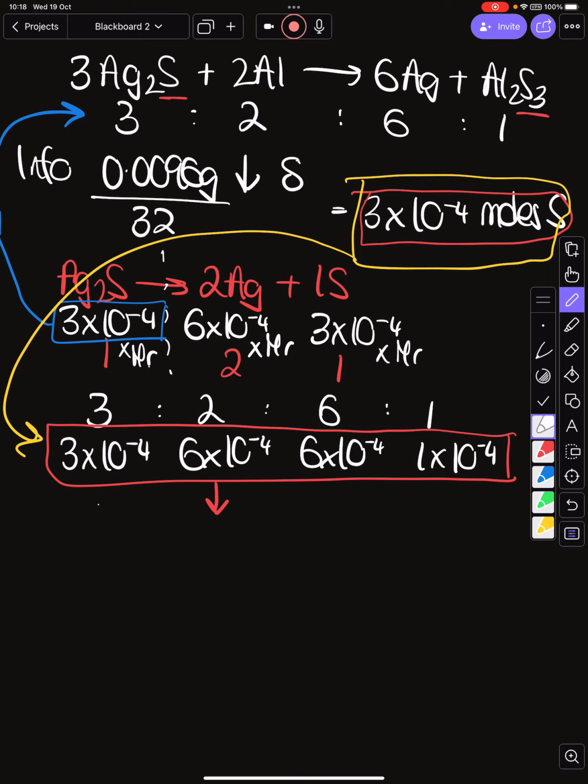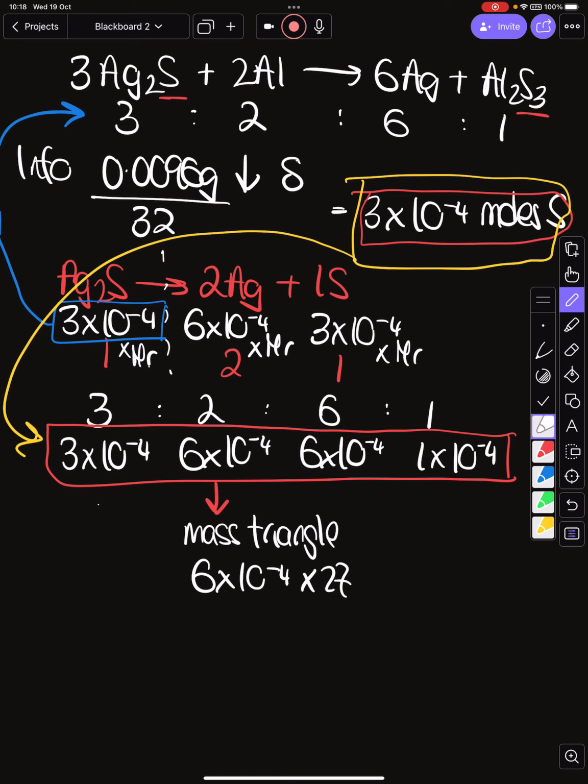So my mass of aluminium is going to be my moles triangle. So it is going to be the 6 by 10 to the minus 4 by my atomic mass of aluminium, which is 27. And when I do that, it works out at, this is 27. Oh, I think I put the wrong number in my own calculator.